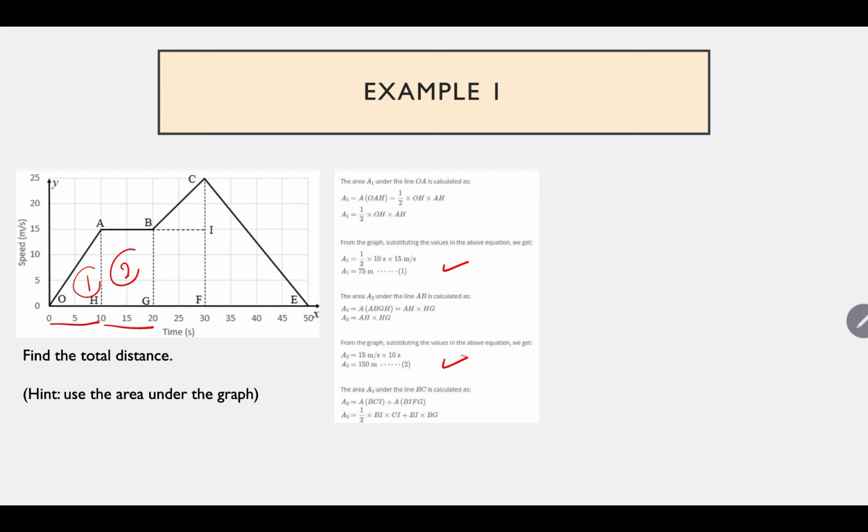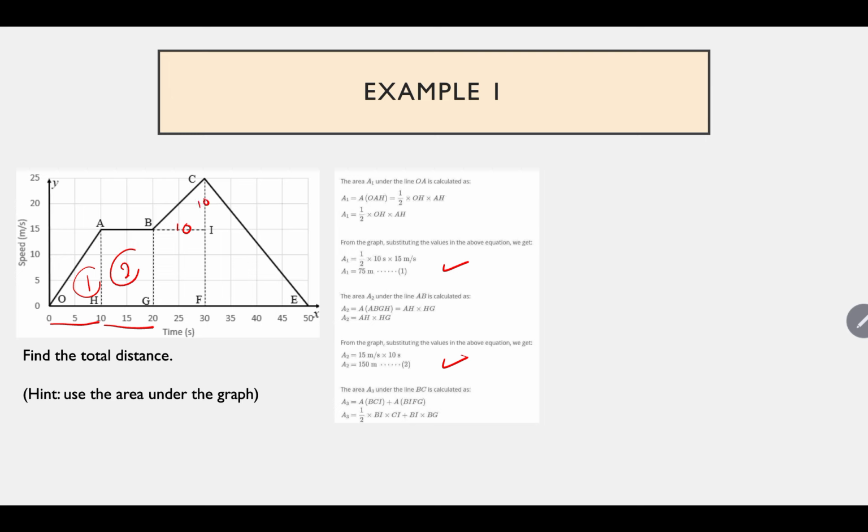The third area, he wants to find the triangle BCI and the rectangle BIFG. For BCI, it's a triangle, so half times base times height, which is half times the base is from 20 to 30, so that's 10. And the height is from 15 to 25, so that's another 10.